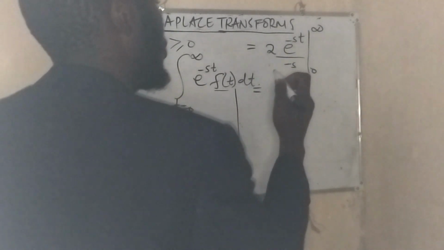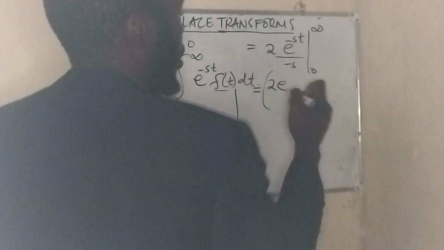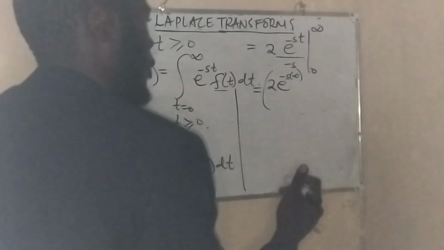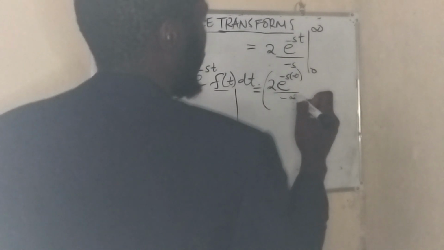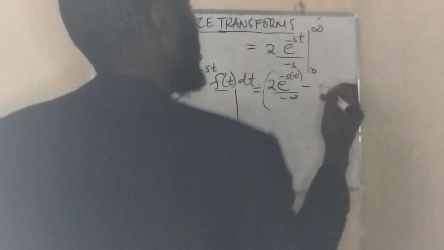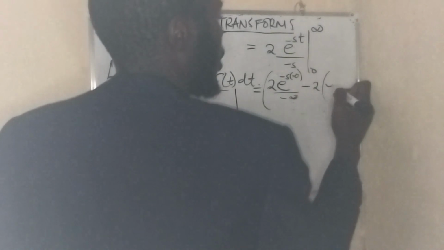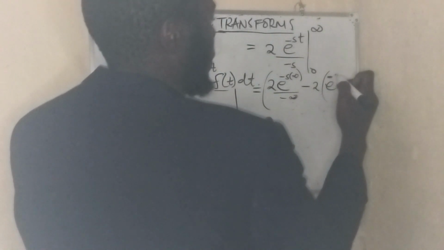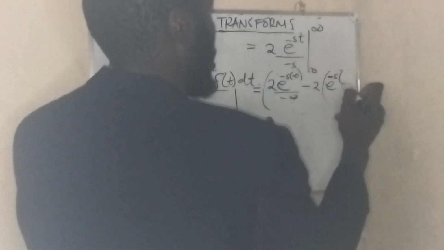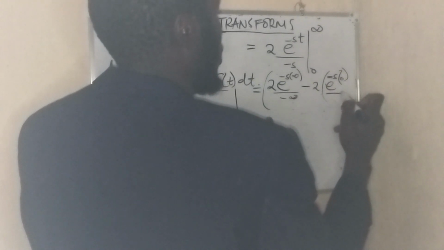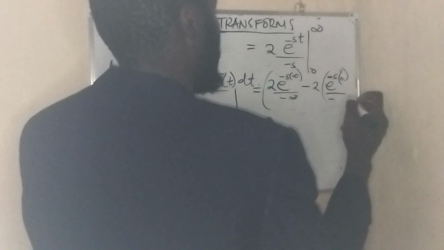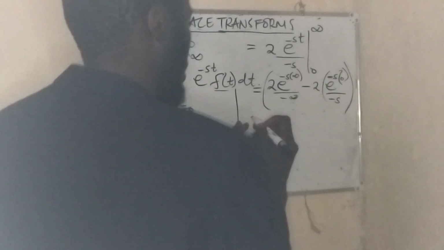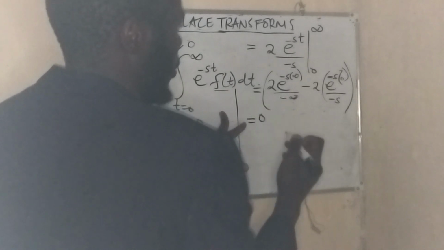So when you substitute, you have 2 exponential negative s, you have infinity over negative s, minus 2 exponential negative s, you have 0 over negative s. So this one will give us 0.